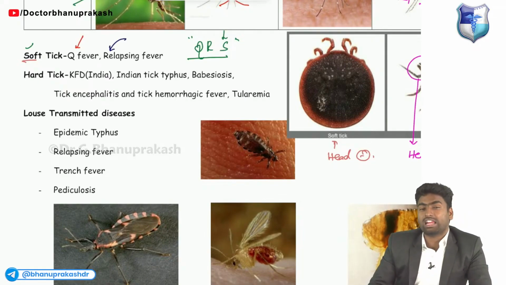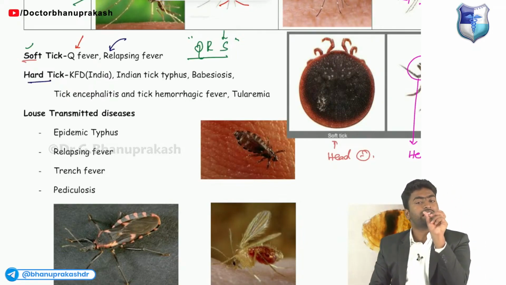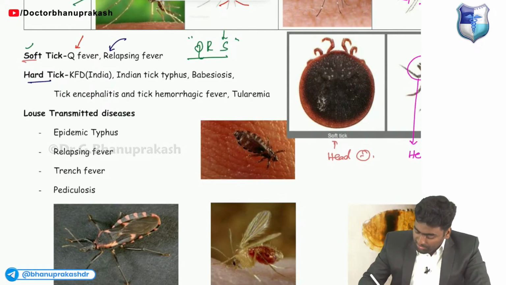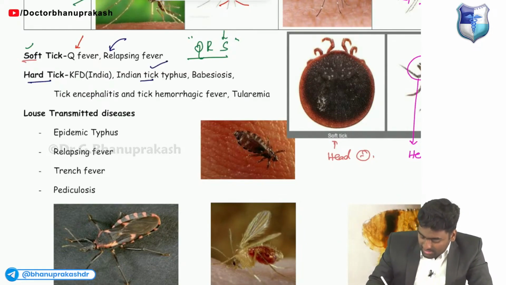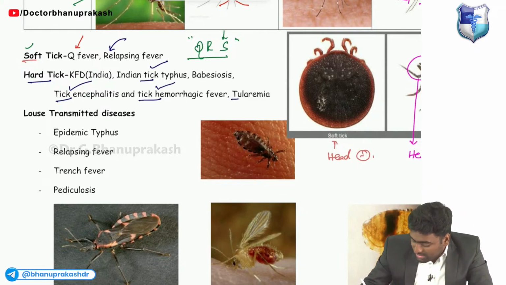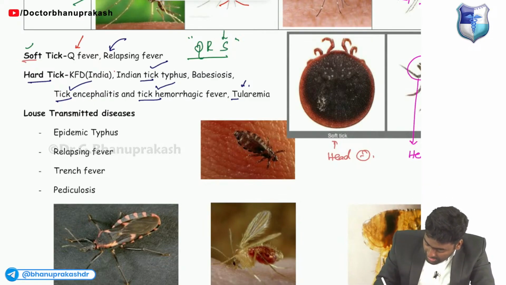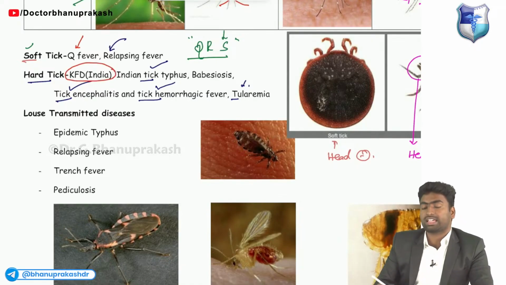Next, all of the hard tick diseases will be having tick in their name. Remember, Indian tick typhus, tick encephalitis, and tick hemorrhagic fever, and some other diseases like tularemia, and one more important disease, the Kyasanur Forest disease.